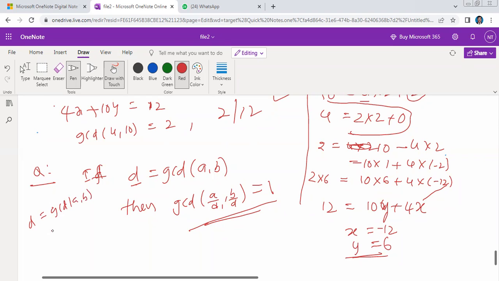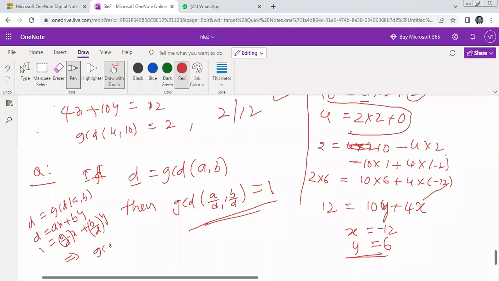What is the linear combination? How can we write it? D is equal to AX plus BY. Am I right? Linear combination. Dividing with D, we get 1 is equal to A by D into X plus B by D into Y. It is also a linear combination. So what should we write?